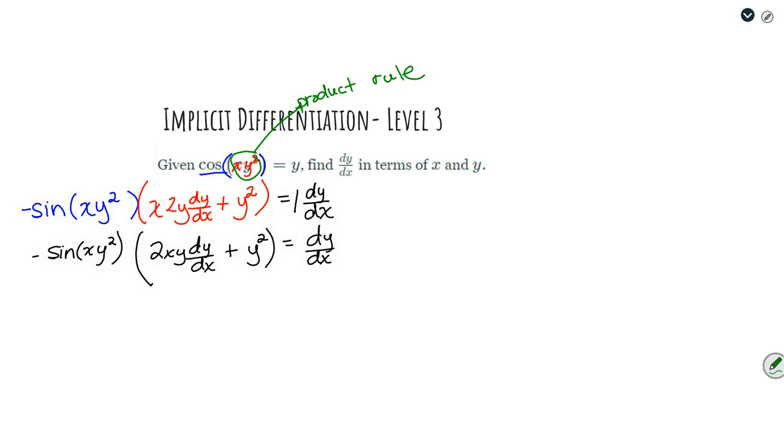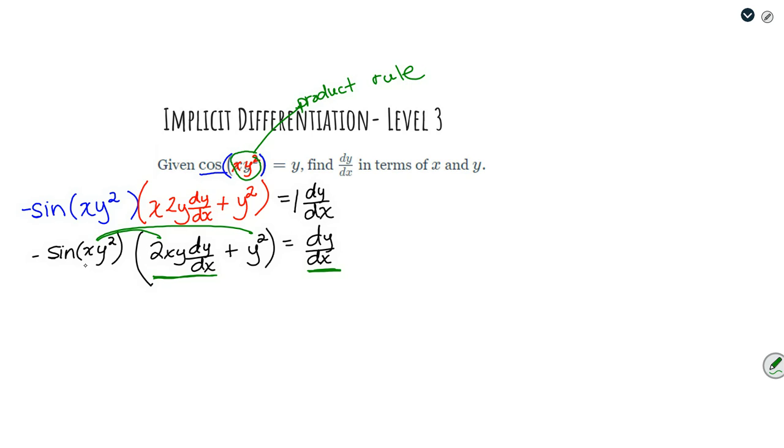So I'm going to highlight this is a term and this is a term. I need them all to be on the same side. The thing to think about though is that this sine needs to be multiplied to both parts. So maybe I'll distribute that sine to both.